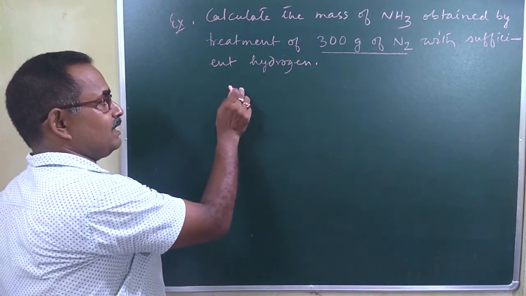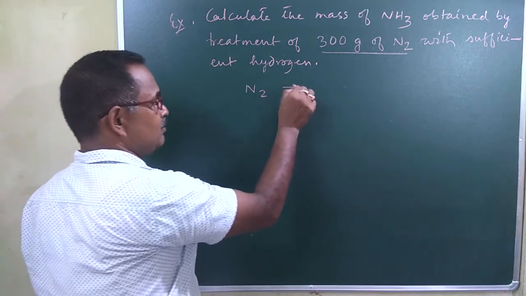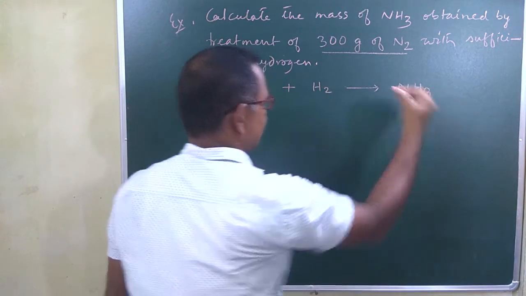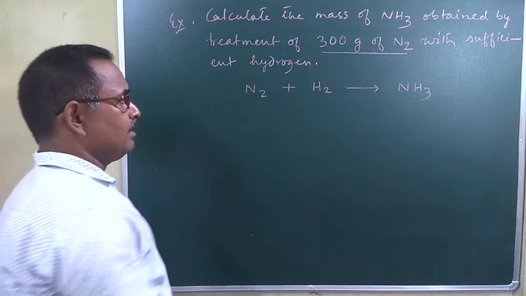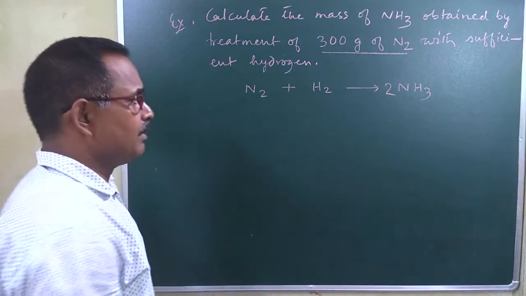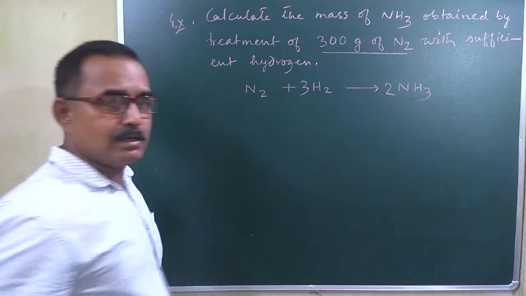So let us write the equation first. N2 plus H2 giving NH3. To balance this equation we have to write a 2 here and a 3 here.